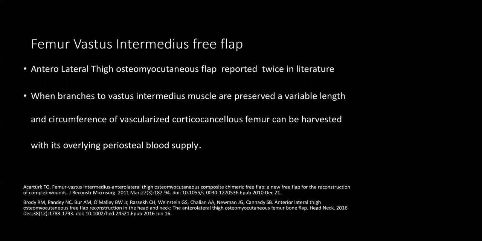And this vastus intermedius muscle is attached to the femur. So if you can harvest the femur bone along with the vastus intermedius without disturbing the connections or the periosteal attachments, and trace the vascular pedicle of the ALT flap, you will be able to raise the vastus intermedius femur flap.